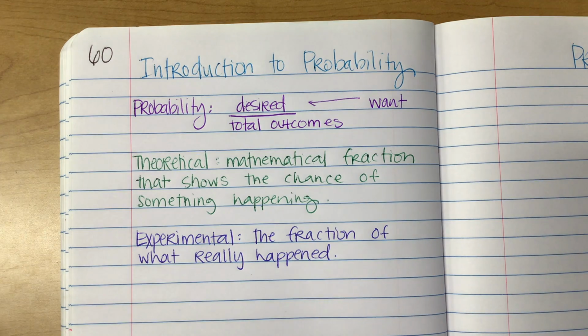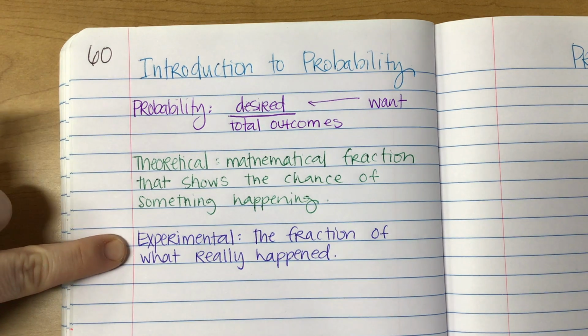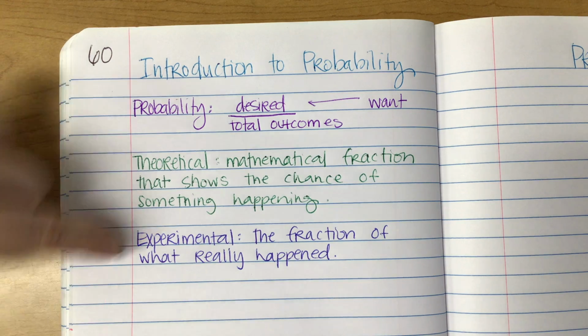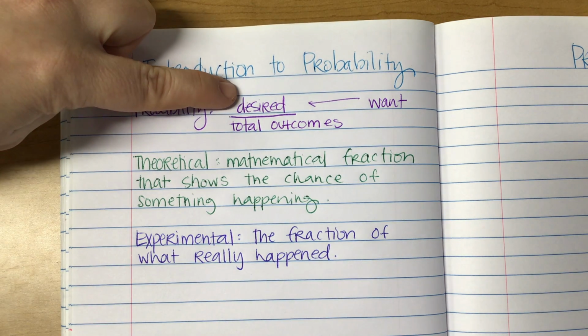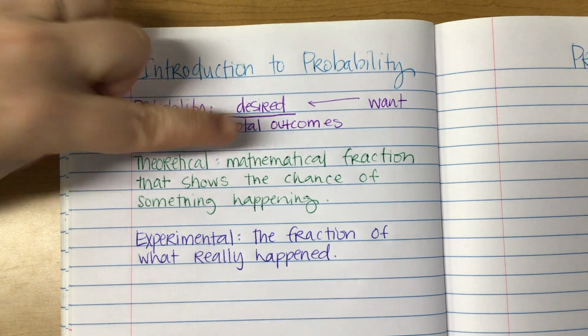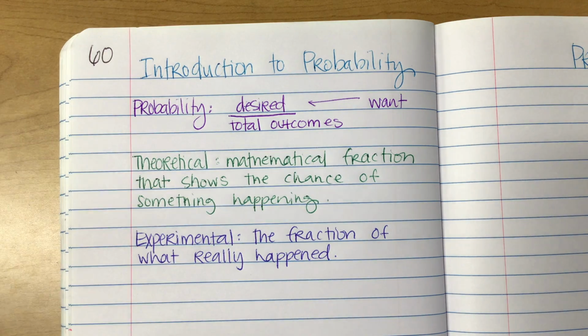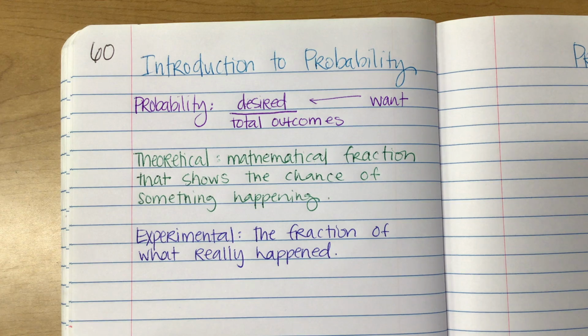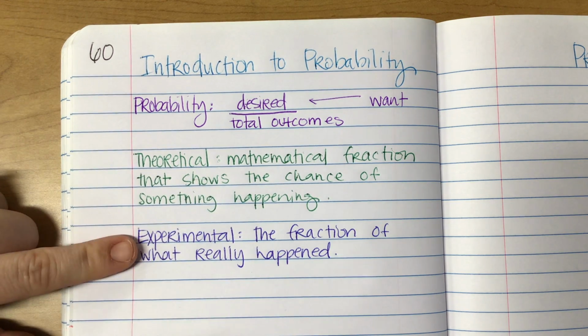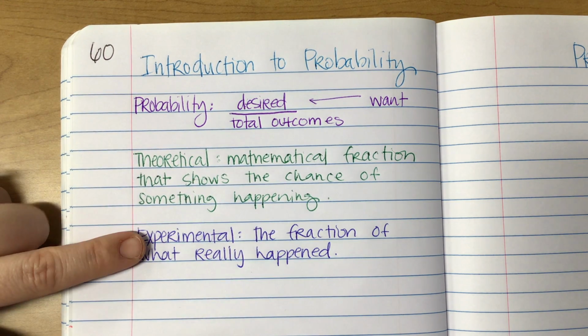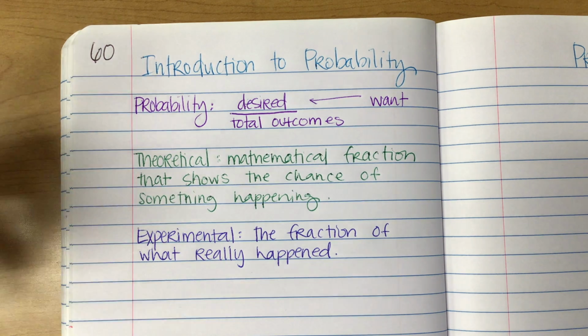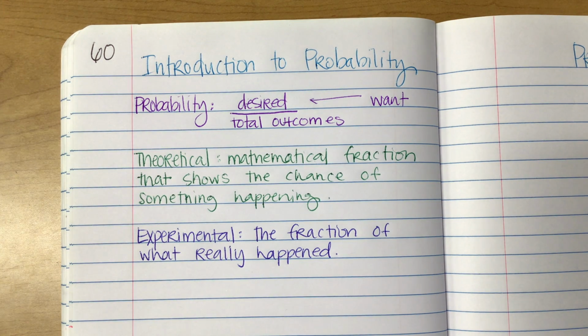It's 1 out of 2. But if I flip my coin and I get a tails, I have 0 out of 1 flip. It's telling me if I just flip it once and I don't get what I want, my experiment's telling me it's not going to happen. So experimental probability has to be done a lot. You can't just do it once and be like, oh, well, that's what it says.